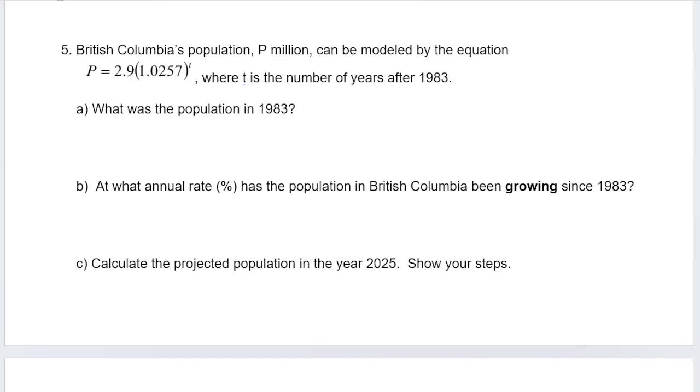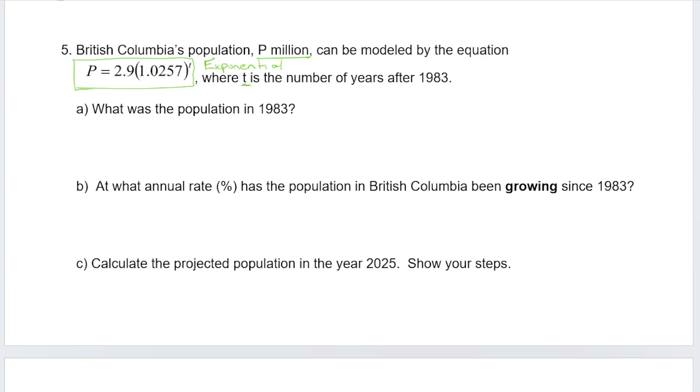Okay. British Columbia's population, P in millions, can be modeled by the equation right here. So it gives us the whole equation. So this is an exponential, where t is the number of years since 1983.